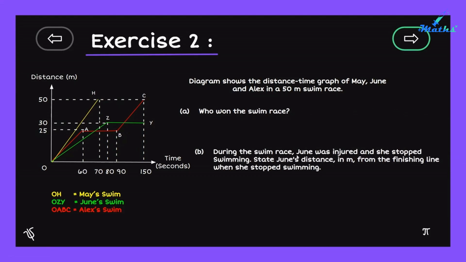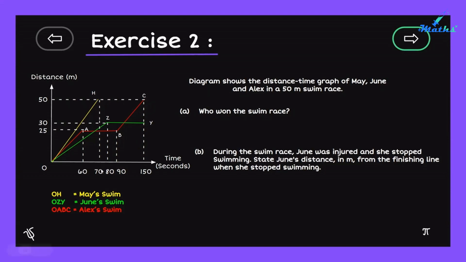B. During the swim race, June was injured and she stopped swimming. State June's distance in m from the finishing line when she stopped swimming. So who won the swim race? Let's see, there are 2 people who reach 50 m, and you see who takes the shorter time.